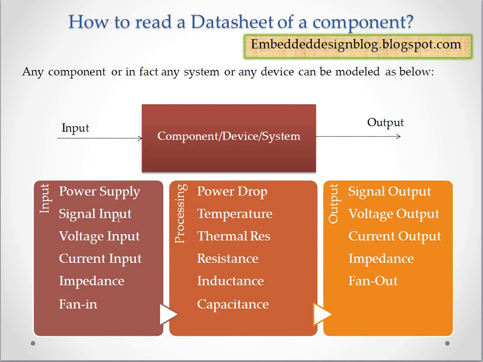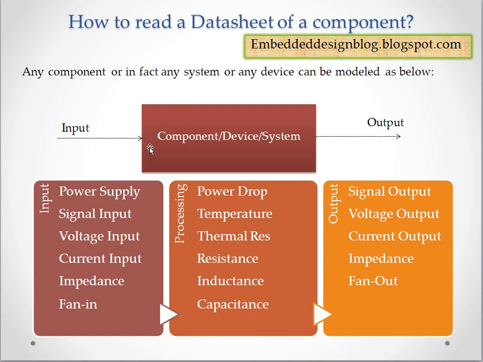And there will be definitely a signal input. The signal could be analog, which means a continuous varying signal, or a digital signal which will have fixed levels. And then it could be a voltage input, it could be a current input. And when we talk about input here, definitely there will be some impedance.